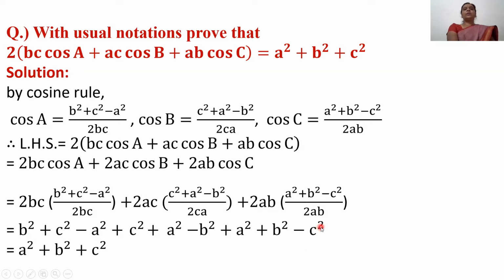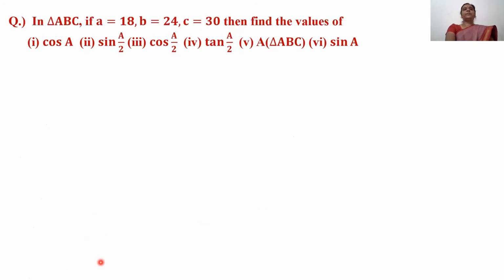This minus C square gets cancelled with this plus C square. This plus B square and minus B square will get cancelled, and this A square gets cancelled with this minus A square. And what remains? Only A square plus B square plus C square remains, and this is nothing but equal to your right hand side. In this way, if you know the cosine rule, then it is very easy to solve the problem. Then we will see the next problem.